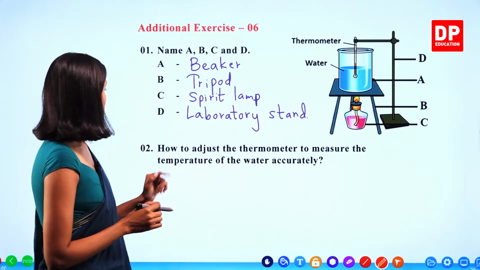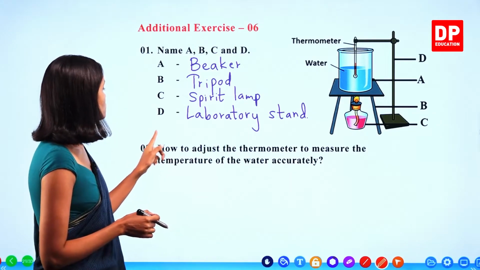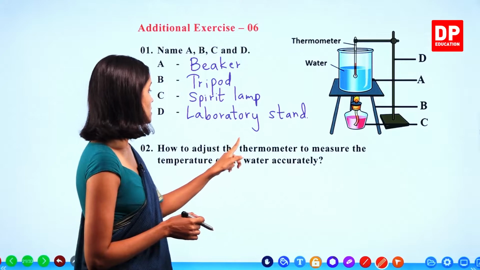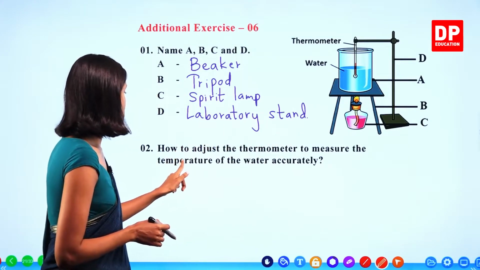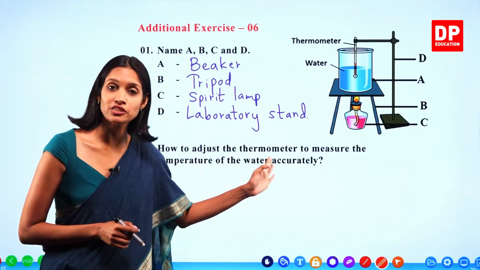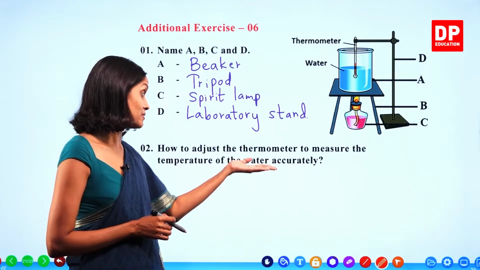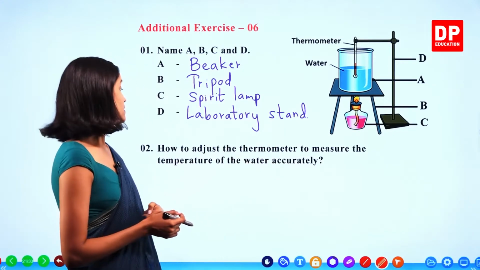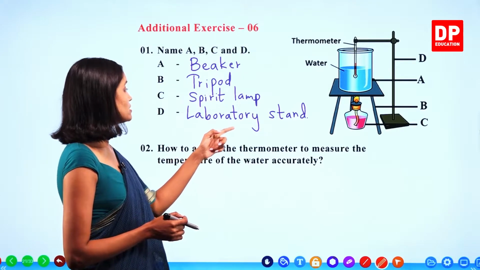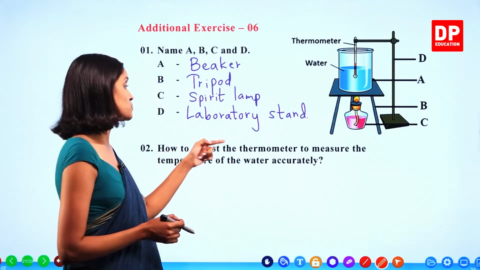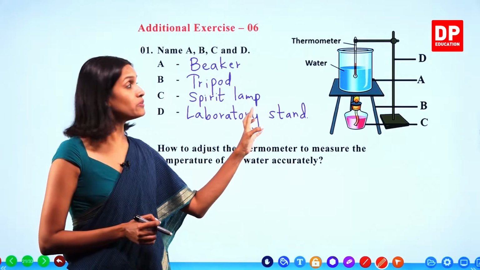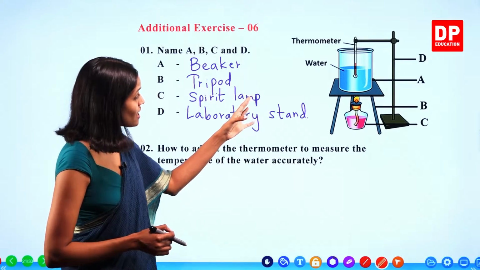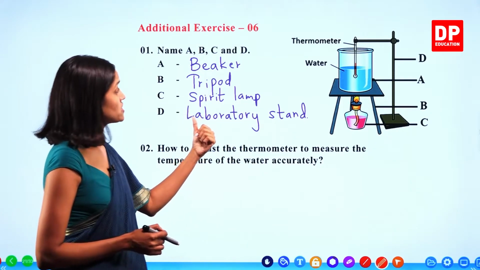Okay? Next one. How to adjust the thermometer to measure the temperature of the water accurately. Accurately means very correctly. Right? How to adjust the thermometer to measure the temperature of the water accurately. Now we discussed this same topic under one of those questions, right?